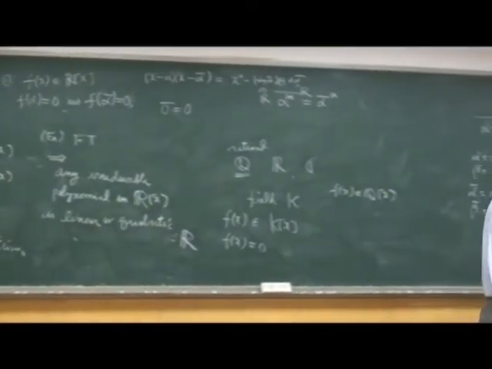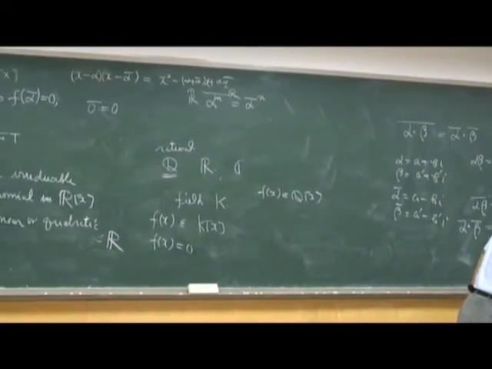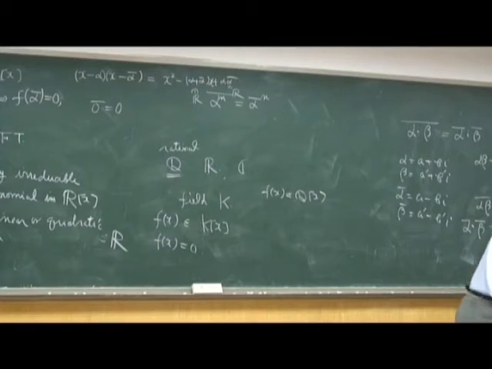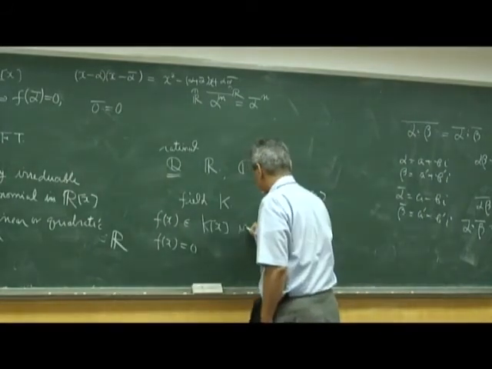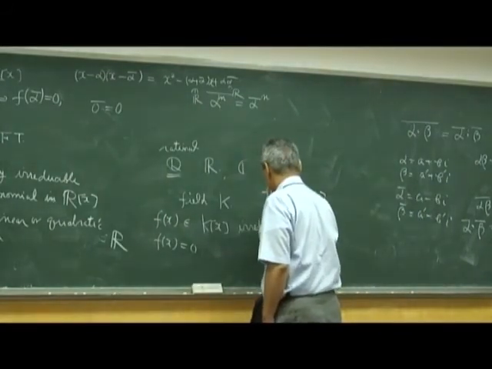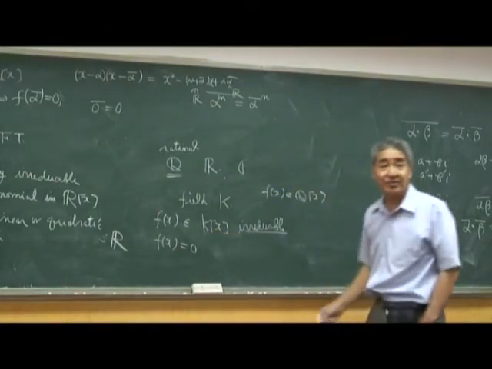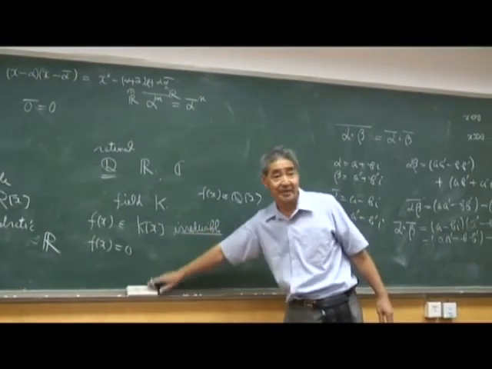And modern abstract algebra tells you how to find that kind of extension. So, for example, suppose this is irreducible. You cannot factorize it into two polynomials inside of k[x].